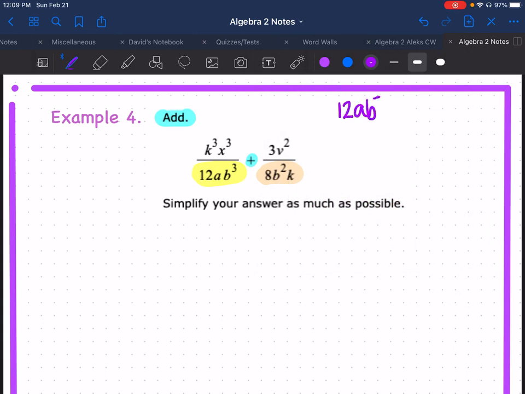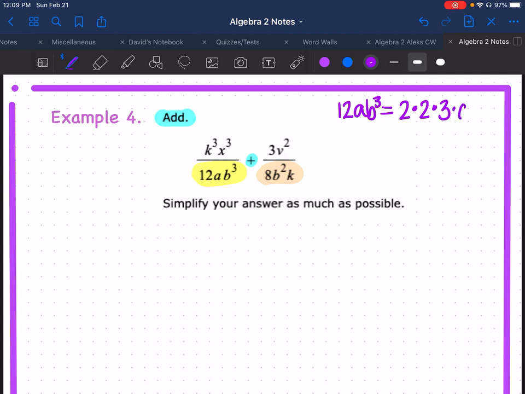12ab to the third. So I'm going to break 12 down into its prime factors. So I can think of 12 as 2 times 6, but I can think of 6 as 2 times 3. And so I want it in this combination of 2s and 3s and 5s and 7s and 11s and maybe 13 if I'm going to get crazy.